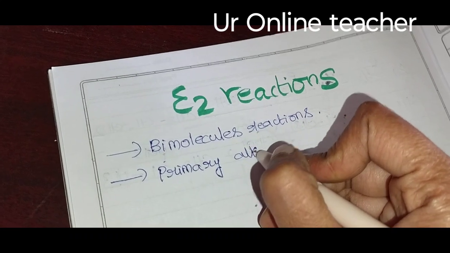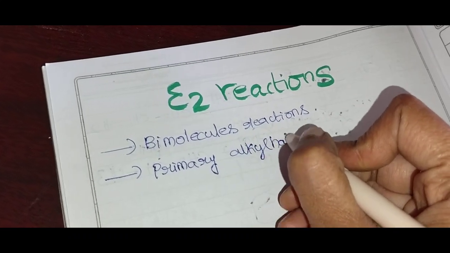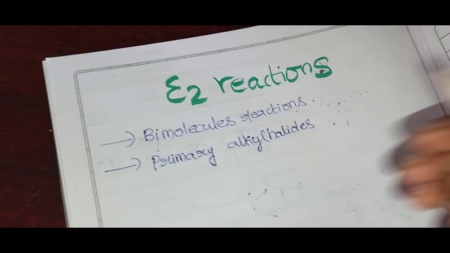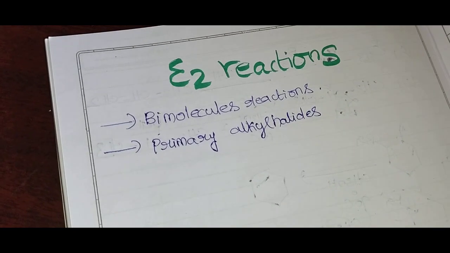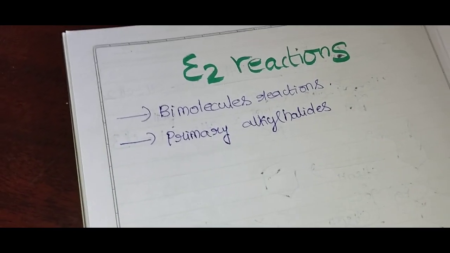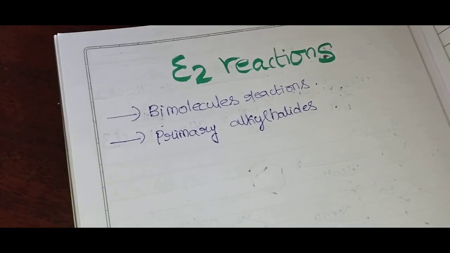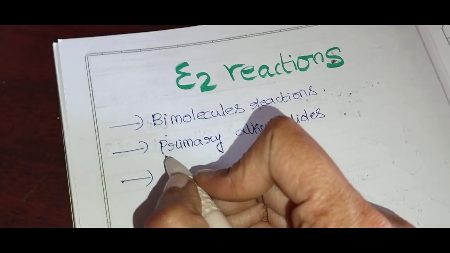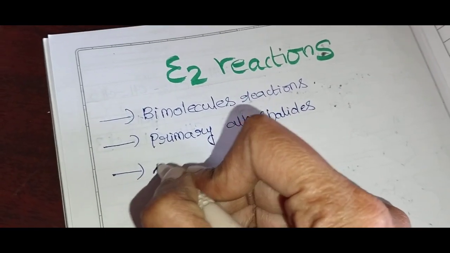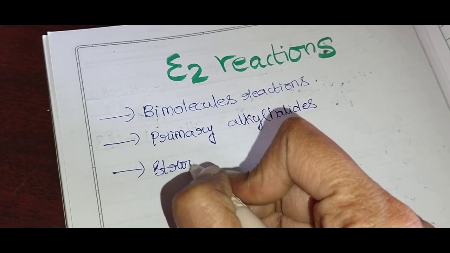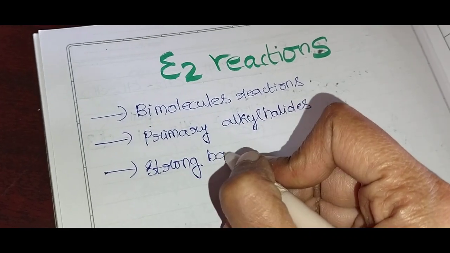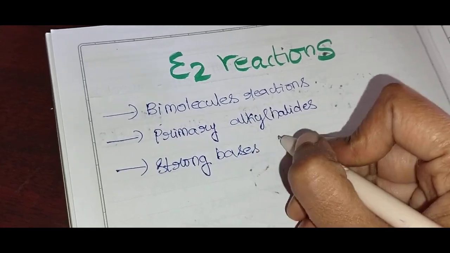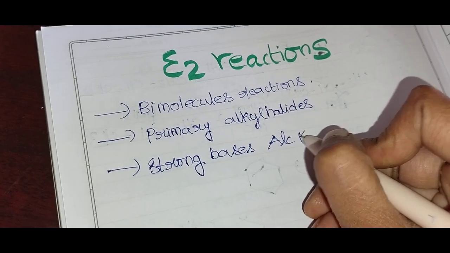As we discussed, tertiary halides take part in E1 reactions. Here, primary alkyl halides take part in the reaction. In E1 reactions I told you a weak base is needed for the reaction to be carried out, but here a strong base is needed for the reaction to take place, like alcoholic KOH.